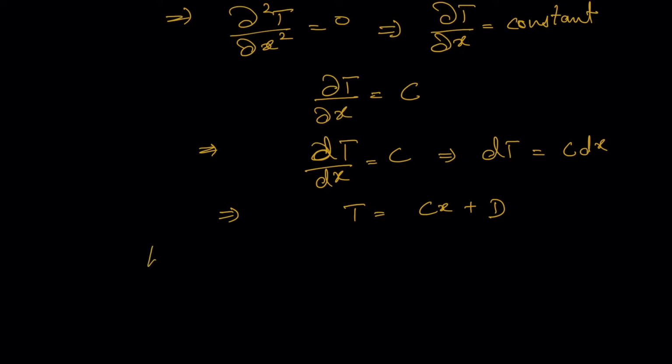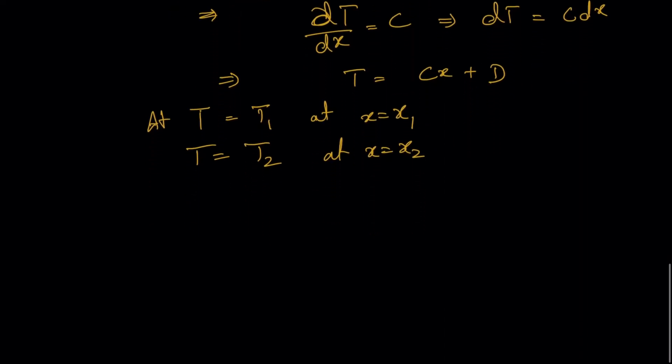So you will apply boundary conditions. At T equals T1, x equals x1. So at the inner, leftmost surface, x is equal to x1. So at x equals x1, temperature is T1, and at x equals x2, temperature is T2, right?